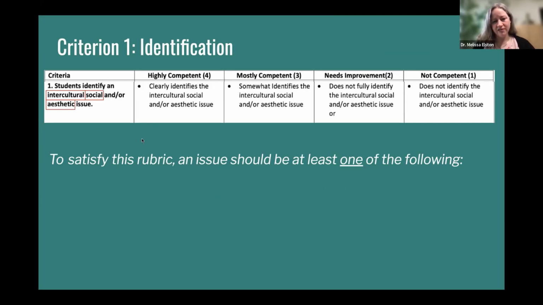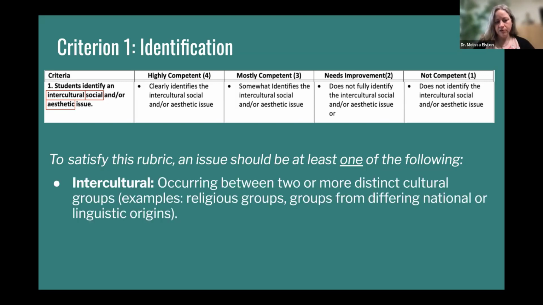These are three separate types of issue or options. Some issues may touch on both the intercultural and the aesthetic, or the intercultural and the social. But in order to satisfy this rubric, you need to have at least one of these things in your issue.